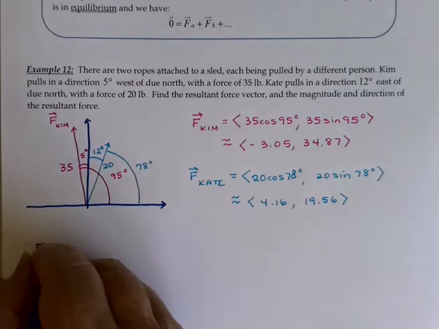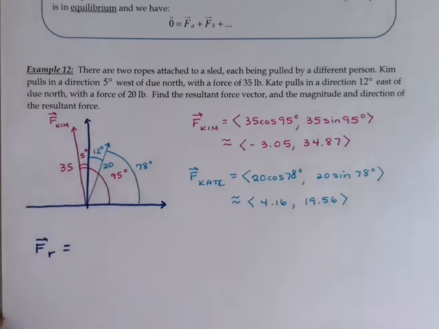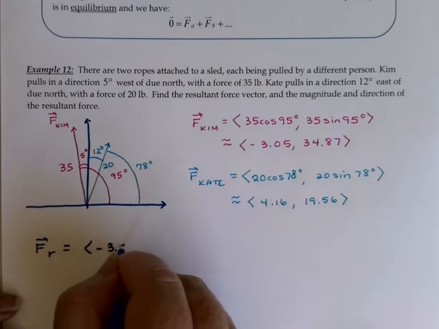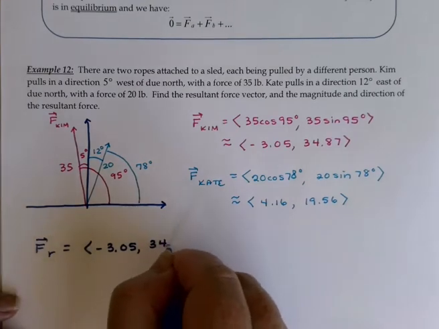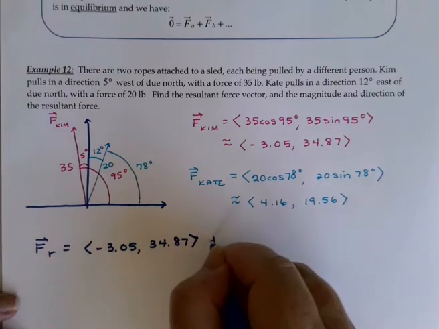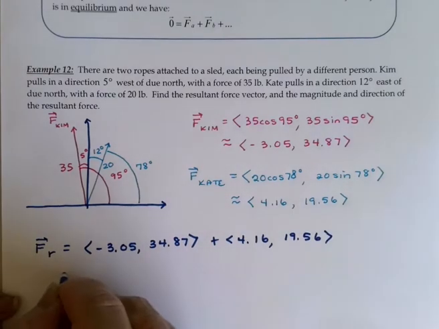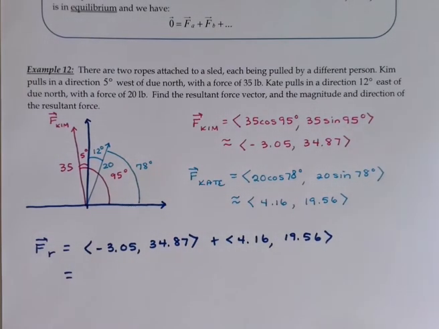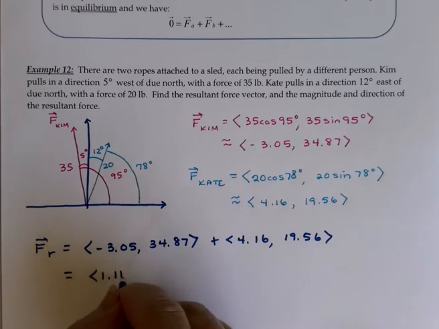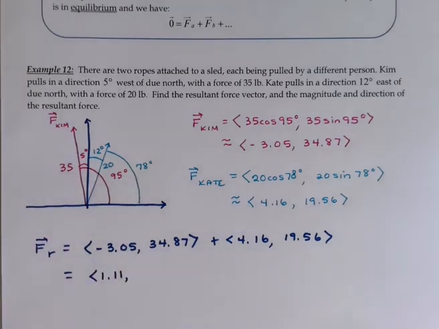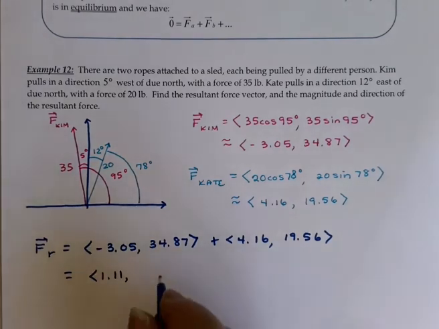So my resultant force vector, Fr, is just going to be the sum of Kim's force and Kate's force. Which is going to give me 1.11 and 54.43.